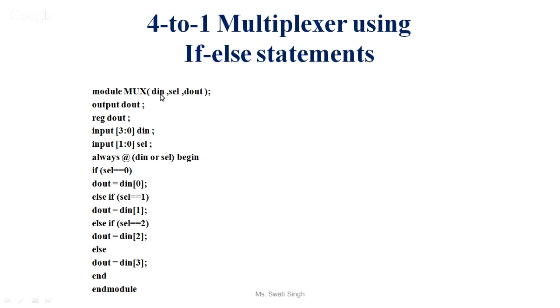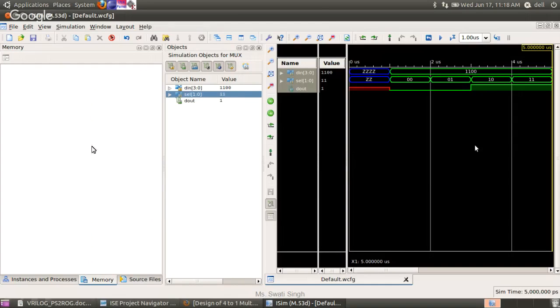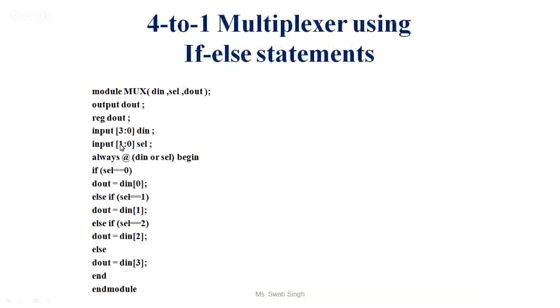Because there are 4 inputs, here I am taking input an array 0 to 3, means 0, 1, 2, 3. 4 bits for input, and this is named D in, and similarly 2 select lines, so we give name select 0, 1 because we are using 2 select lines.